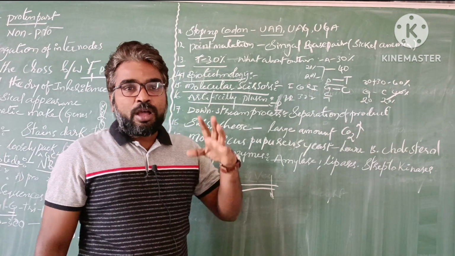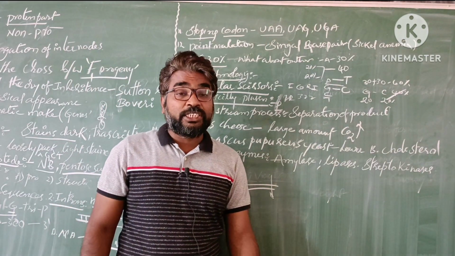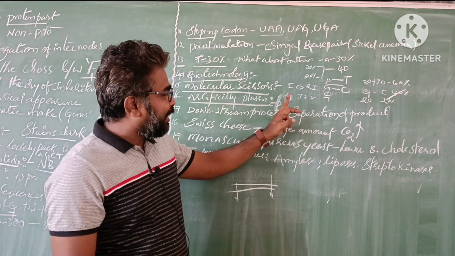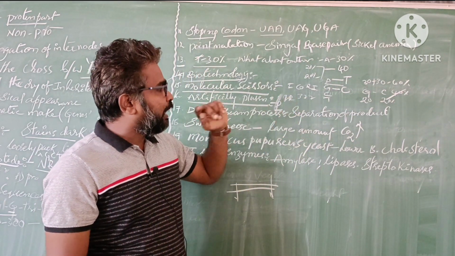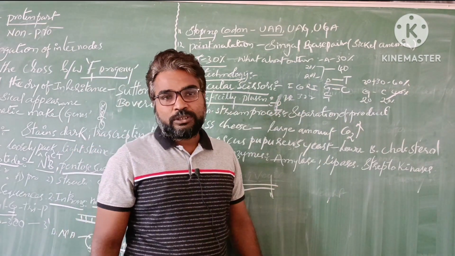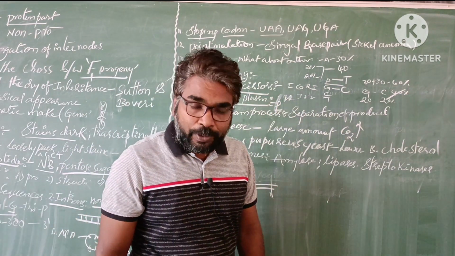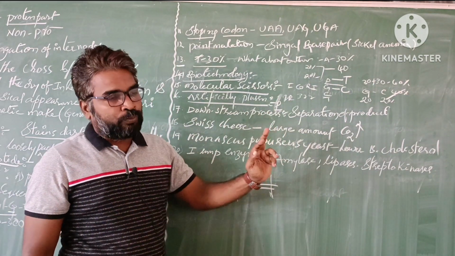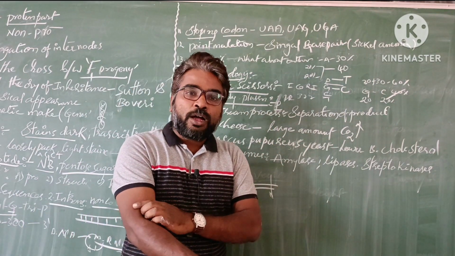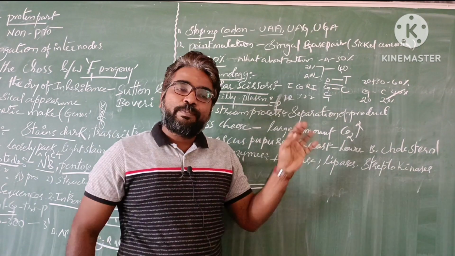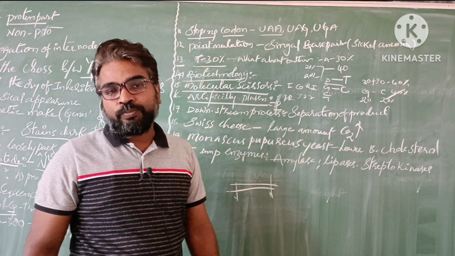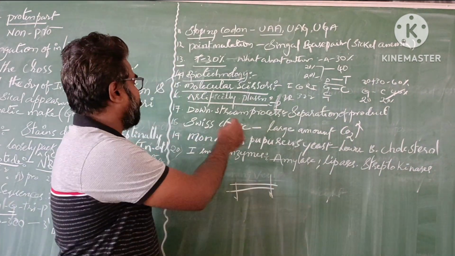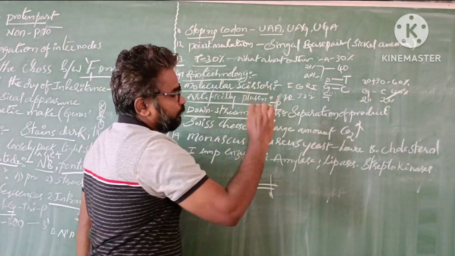The first artificially synthesized plasmid, pBR. B and R stand for Bolivar and Rodriguez. There were two scientists who synthesized the plasmid, so in their honor we call it pBR322. Okay, this is an artificial plasmid.